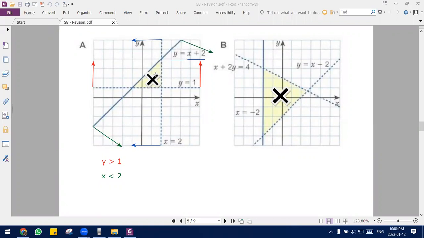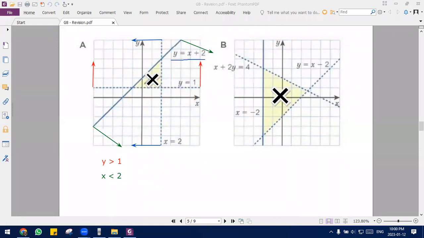Because the region, it's below that line. Now, in order to find the correct sign of this one, we need to pick a point from that region. From that region that we said it's down, right? So I need to pick any point from that region here, below that line. And then we check it in the equation. Now let me pick a point.